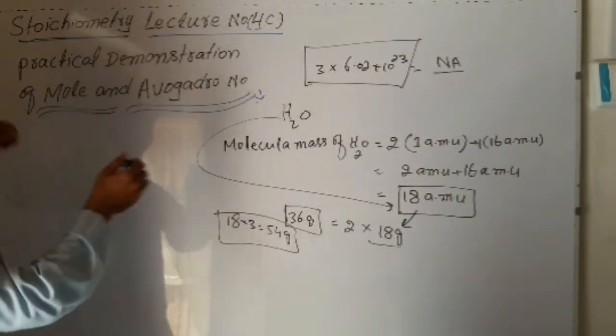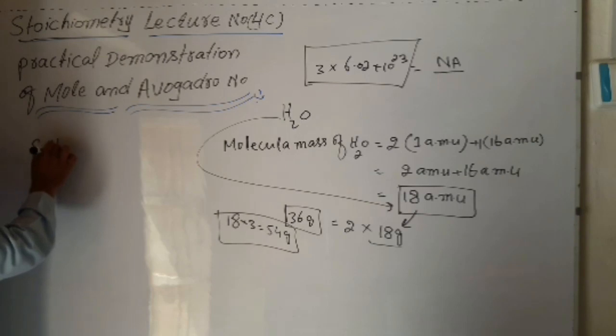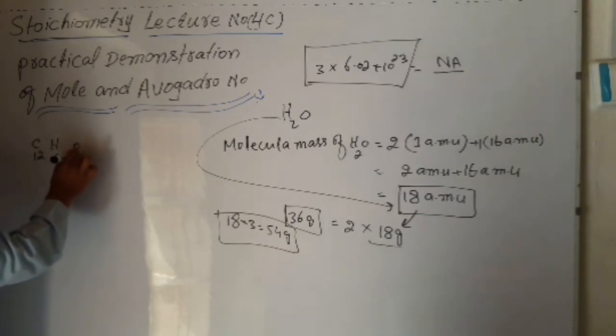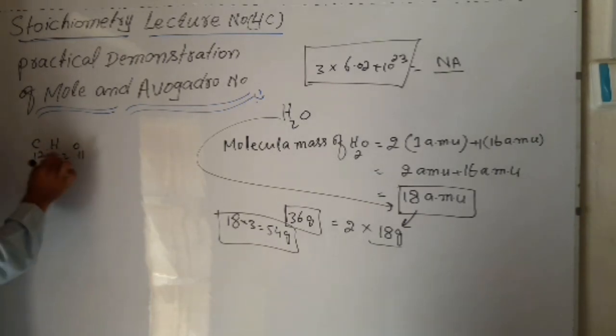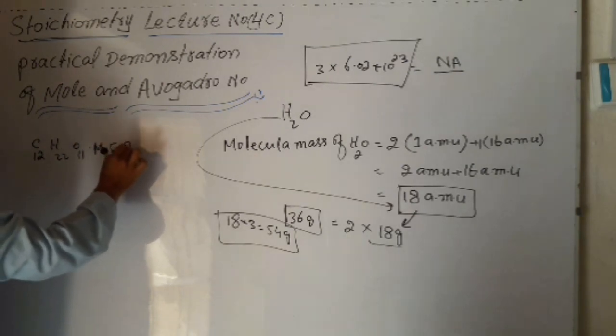Dear students, the molecular formula of sugar, as you know, is C12H22O11. This is the molecular formula of sugar.